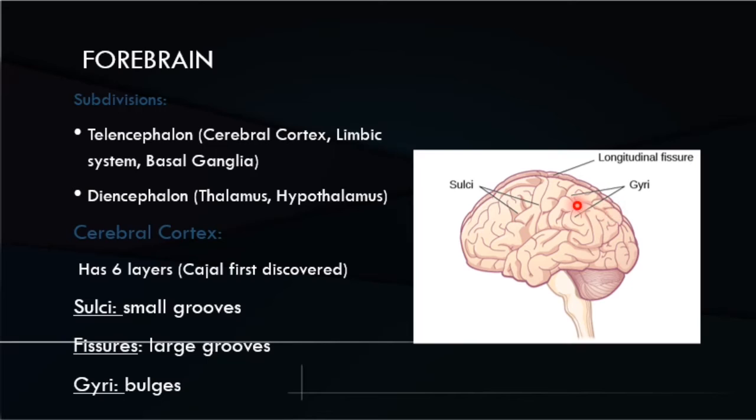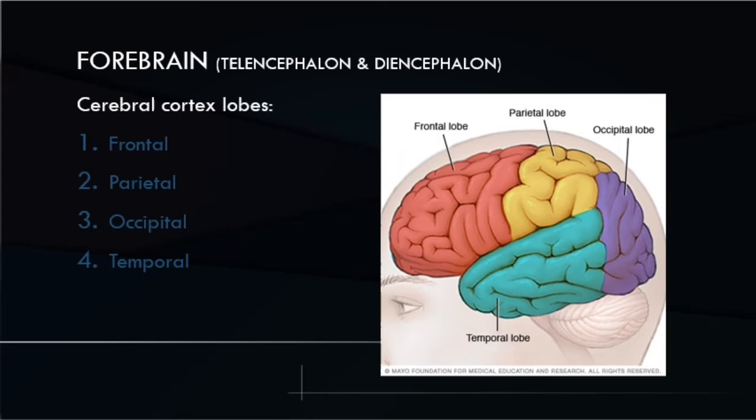So the larger grooves are fissures, and gyri are where it's swollen, where it comes up, bulges. The cerebral cortex has 4 lobes: frontal lobe, parietal, occipital, and temporal.